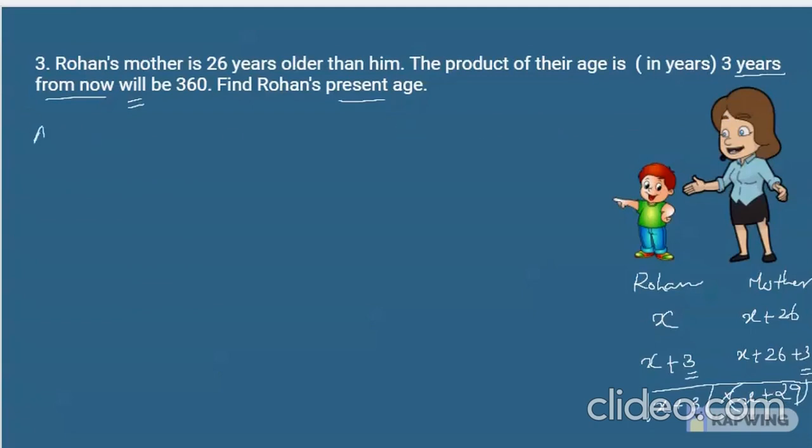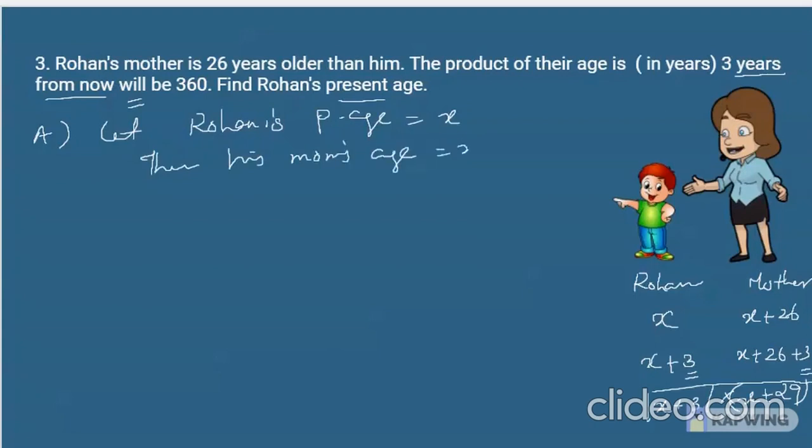Okay, so how can we write the steps? Let Rohin's present age be equal to x. Then his mother's age is equal to x plus 26. So after 3 years, Rohin's age is equal to x plus 3.